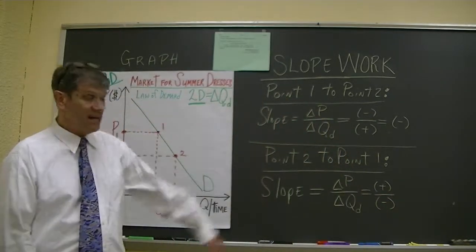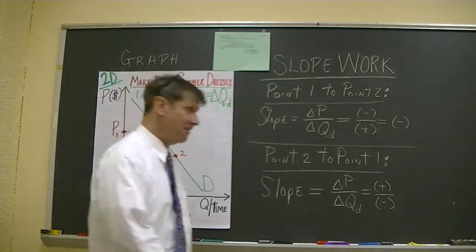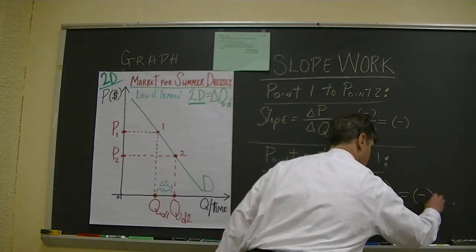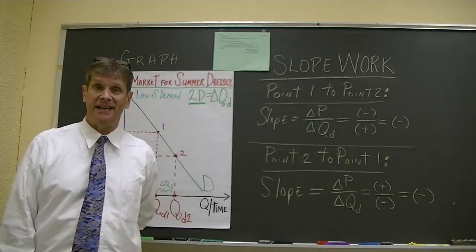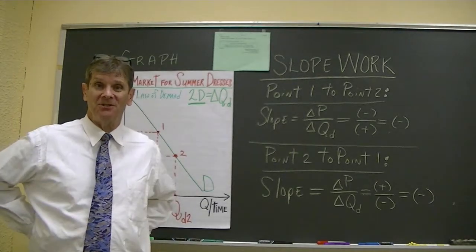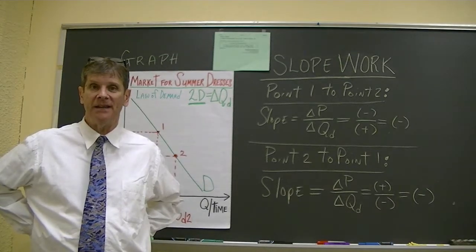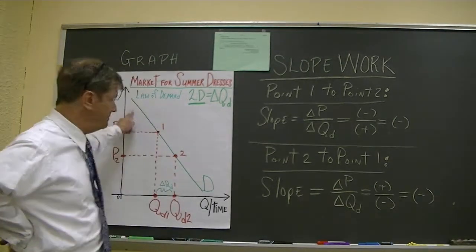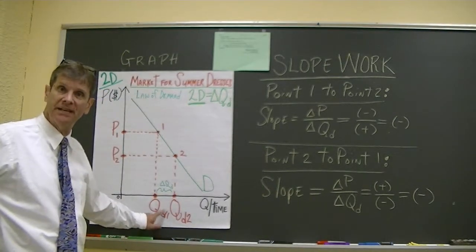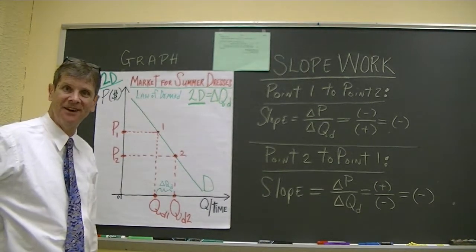So once again, the ratio has different signs, and therefore the overall value will be negative. Okay? So there's some stuff about slope, some phrase about the change in quantity demand, and we know we stay on the same demand curve when we have a change in quantity demand. Does that make sense? Okay.